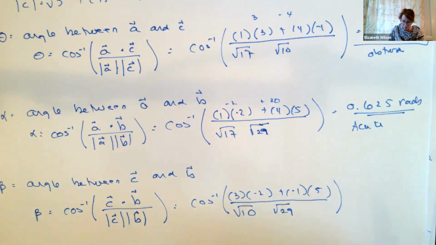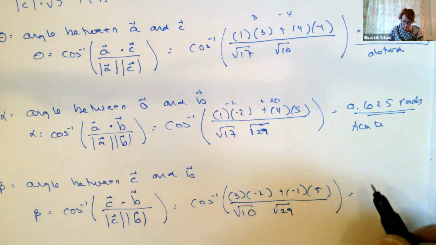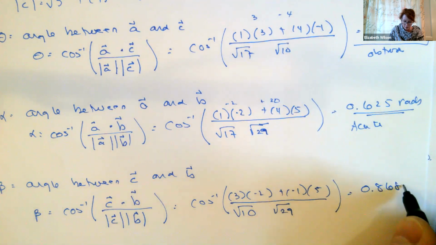All right. So if I do this out, I get 0.868 radians.